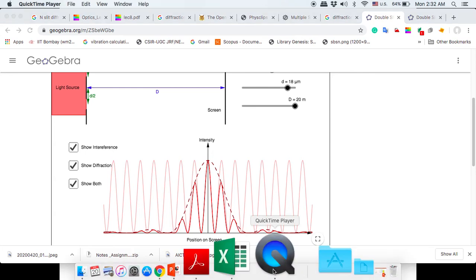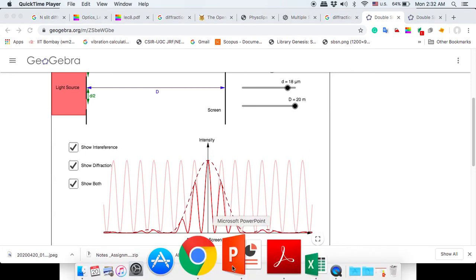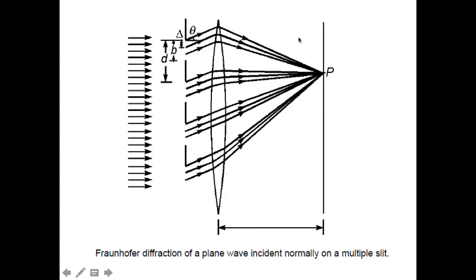further if we go here, the next is n slit diffraction. Okay, what happens in the n slit diffraction?